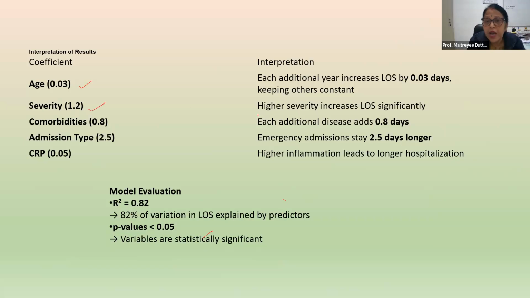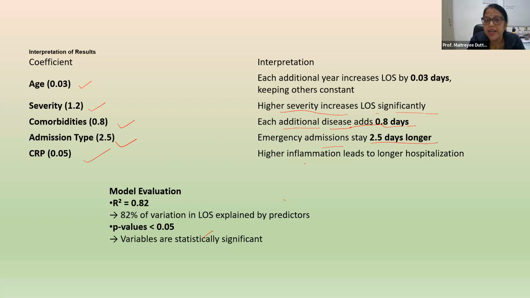What does this mean? One point of higher severity increases the LOS significantly. For example, comorbidities is 0.8. That means each additional disease or complexity adds 0.8 days for the patient. Say emergency admissions stay 2.5 days longer, right?